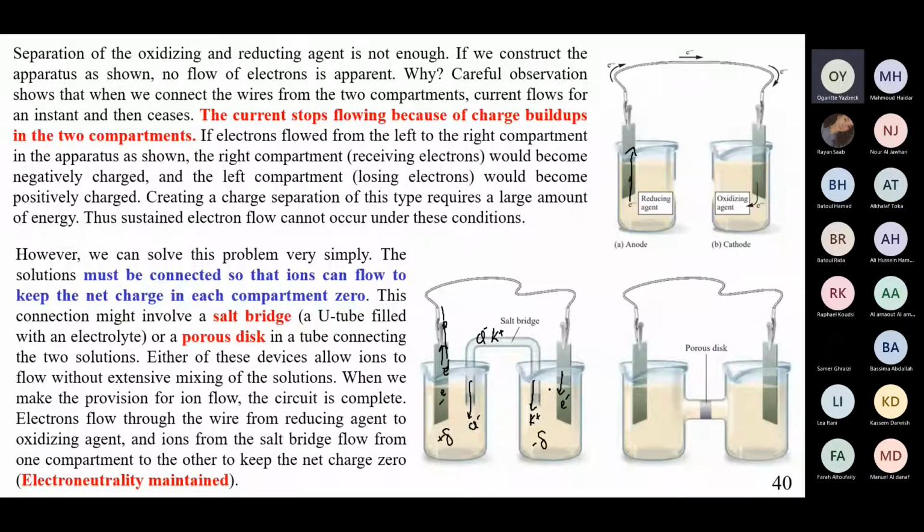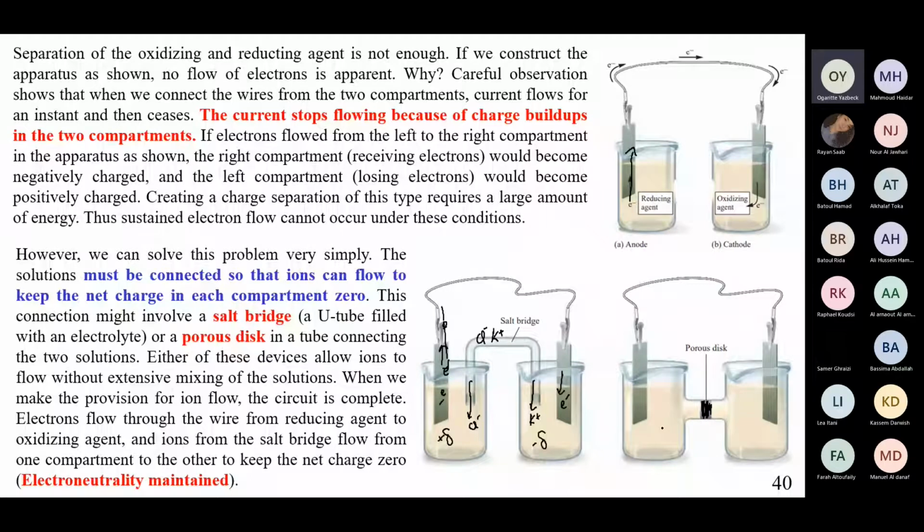The flow continues. This can occur, or we can have a porous disk here, and a porous disk can allow not electrons, but some ions to go from one area to another.